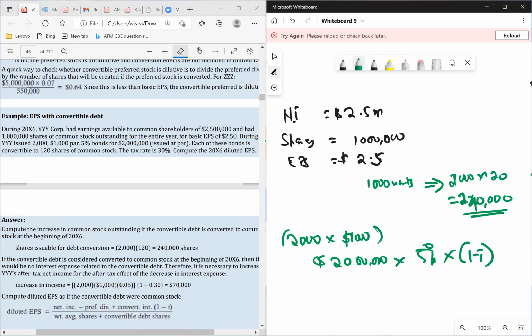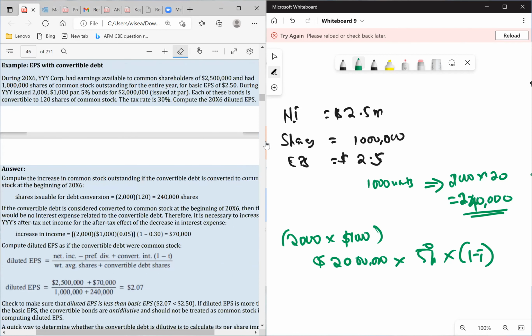So 2 million times 0.05 times, the tax rate is 30%, so the income will increase by 70,000.